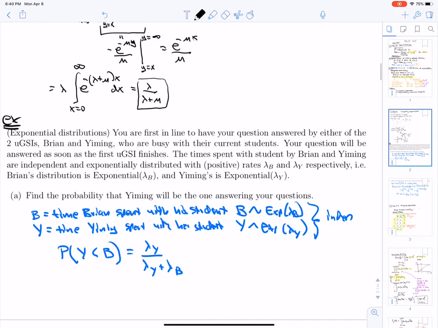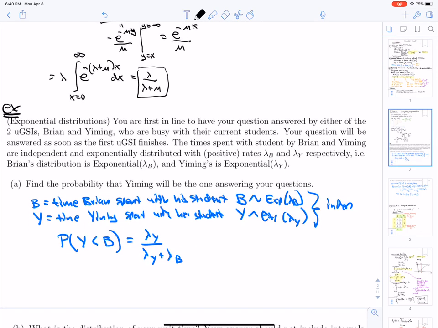So as an application of this, we saw that if you're first in line to have your question answered by Brian and Yiming, who are busy with current students, your question will be answered as soon as the first UGSI finishes. The times spent with students by Brian and Yiming are independent exponentially distributed with positive rates lambda_b and lambda_y.